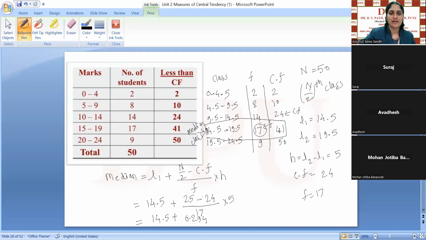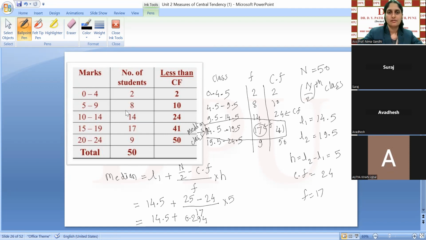25 minus 24 is 1, right? So 1 into 5 is 5. 5 divided by 17 is 0.294. Just check it. Calculator. 5 divided by 17. 0.294 plus 14.5. 14.794.